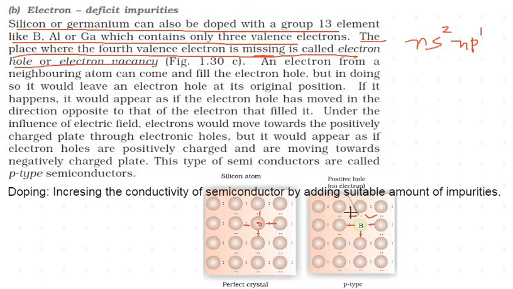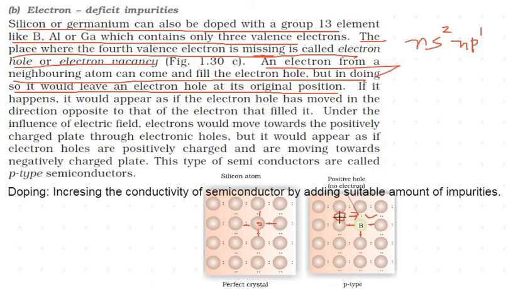So this is a missing electron, and an electron from a neighboring atom can come and fill the electron hole, but in doing so it would leave an electron hole at its original position, just like a vacancy defect.